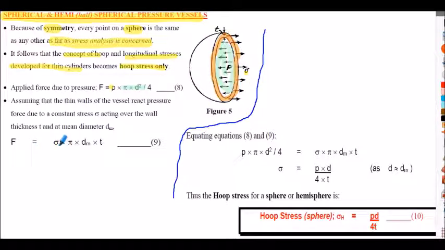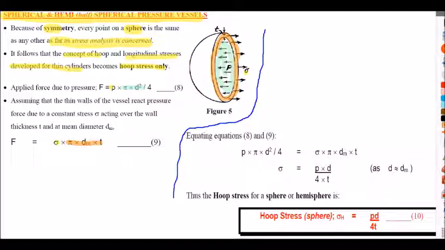So the reaction force is the stress multiplied by the area shown there in the orange, which is pi multiplied by the mean diameter multiplied by the thickness. That's how we calculate the area of a very thin annular section. And that's the derivation for longitudinal stress in a cylinder.